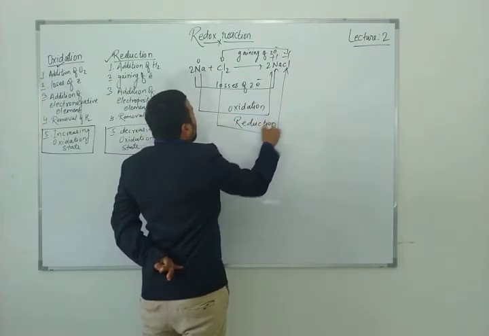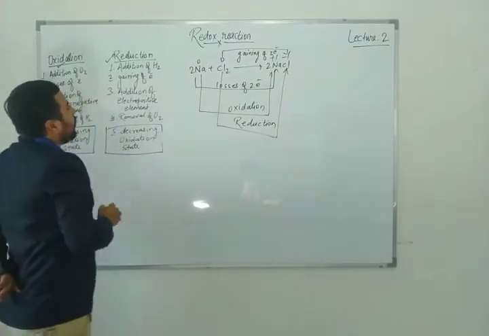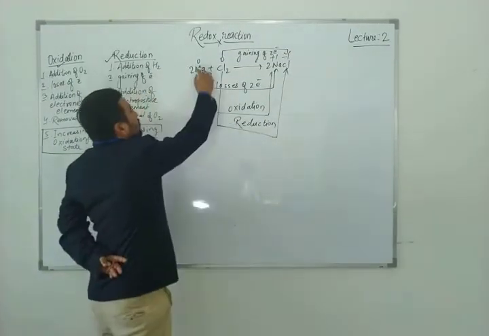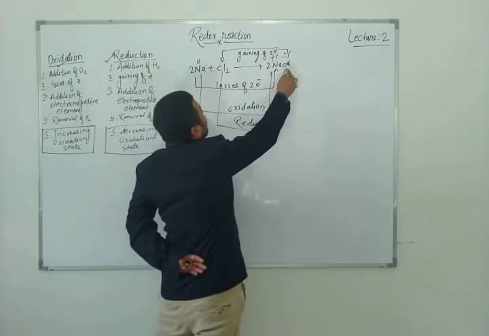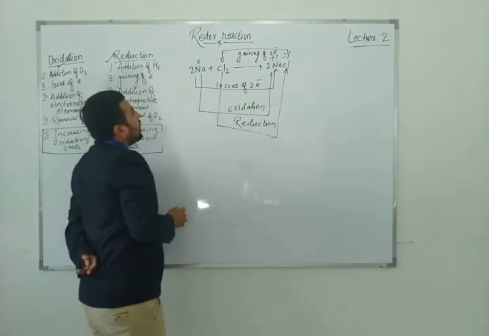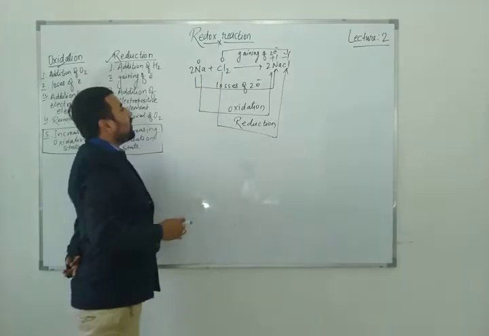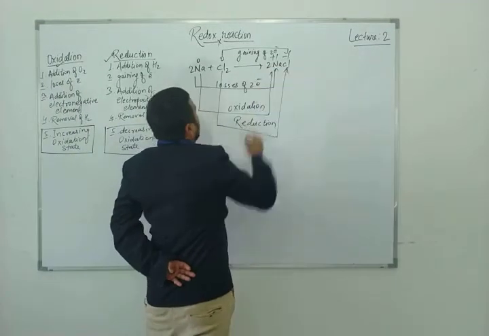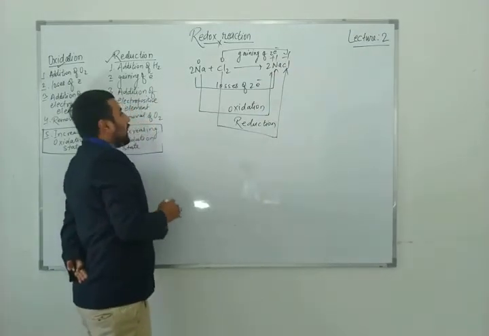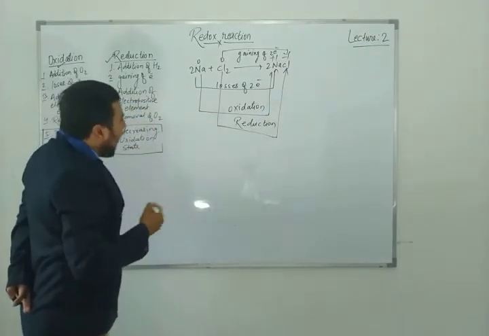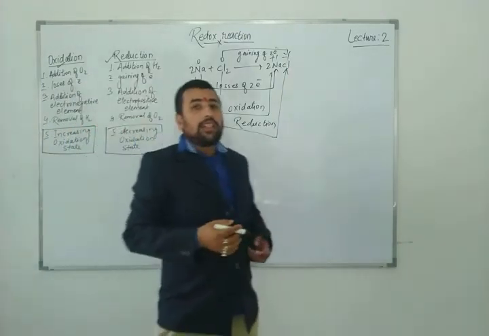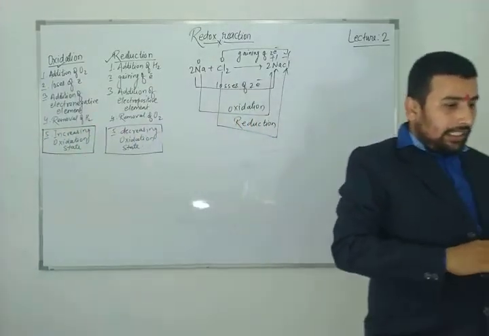And one more main point: by gaining 2 electrons, the 2 chlorine atoms became 2 chloride ions, and by losing 2 electrons, sodium became the sodium plus ion. So here you can say how these elements are forming and how many electrons they are losing or gaining.